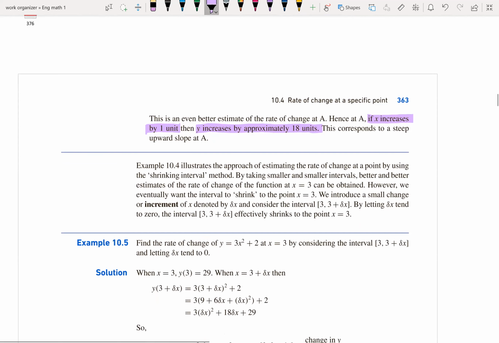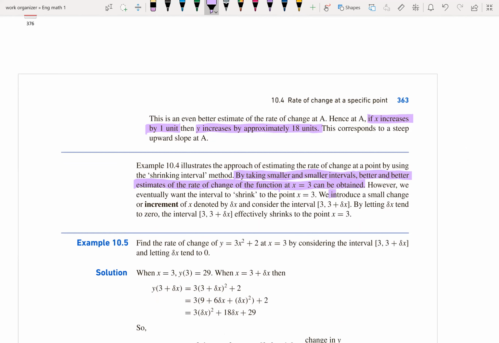This is more detail about the discussion. By taking smaller and smaller intervals, better and better estimates of the rate of change of the function at x equals 3 can be obtained.